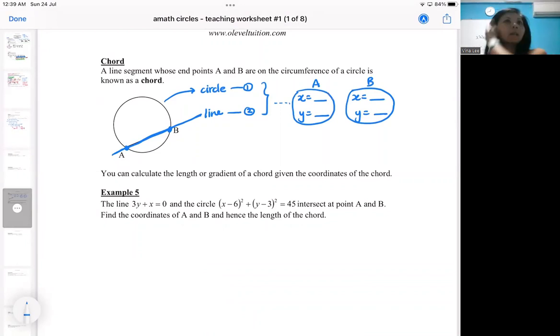This simultaneous is the long-winded one. It's not the one that you learn in Sec 2. This is the one that will lead to a quadratic equation. So you will have two sets of coordinates for A and B. And because A and B are on the circumference, A and B is known as a chord.